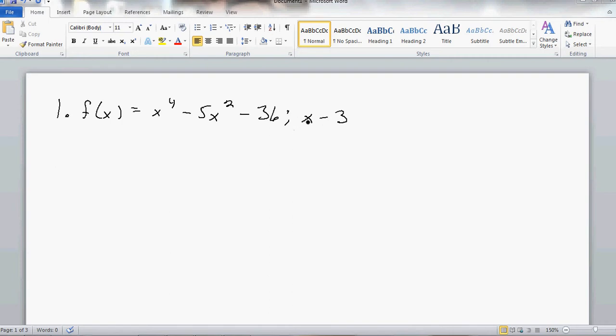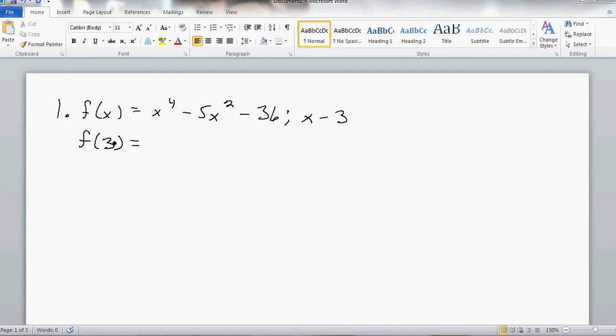Well, basically what we need to realize is the factor theorem says x minus 3. And what we can do is we can actually plug in 3 in for x. In other words, it's x minus whatever. So if this was a plus 3, then we'd put in negative 3. It's the exact opposite sign.